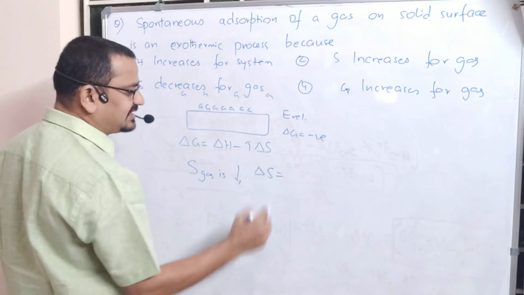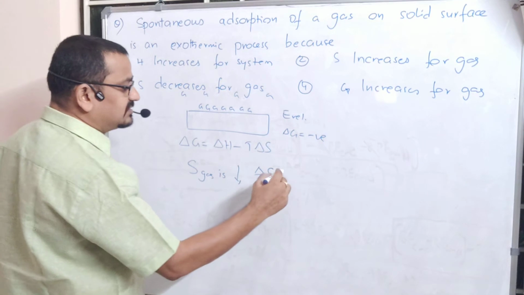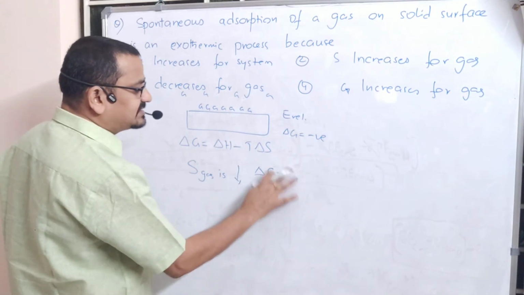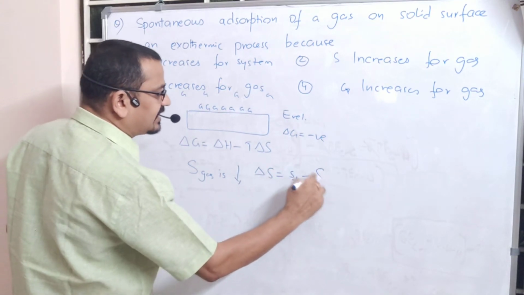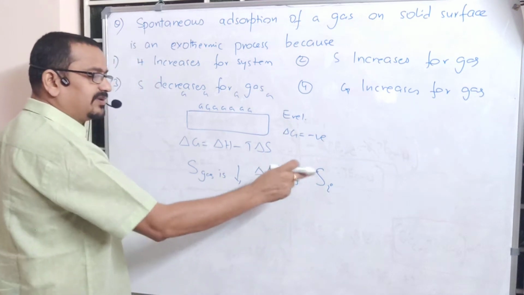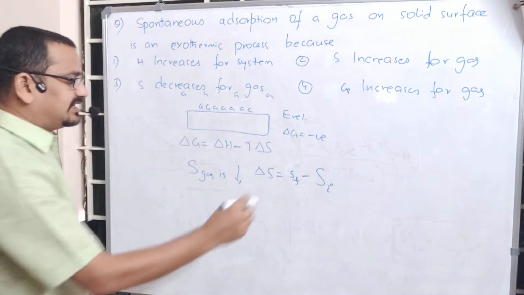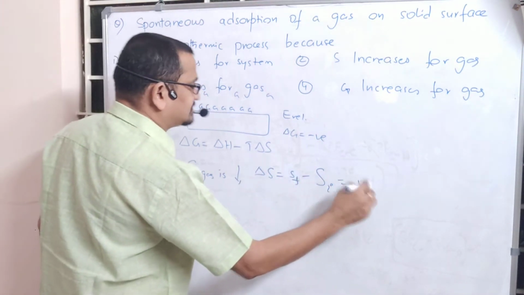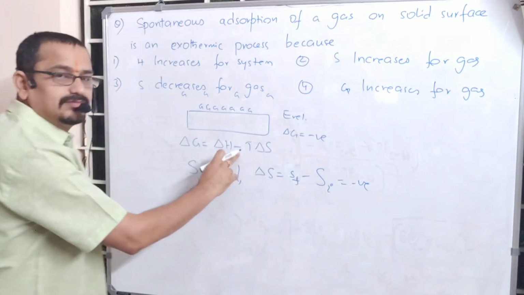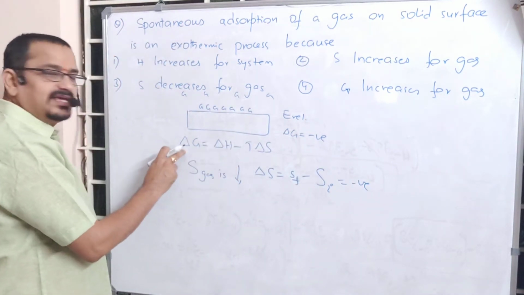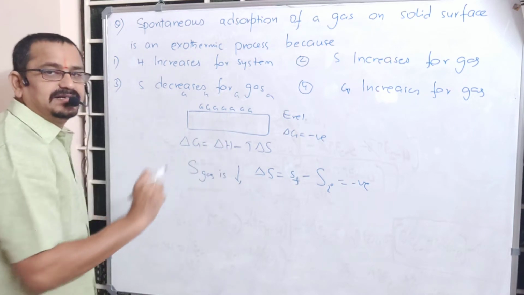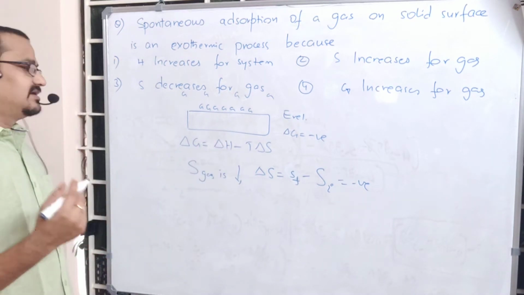So what is the sign of delta S? It is final entropy minus initial entropy, less entropy minus more entropy. So delta S is negative. Minus of minus becomes plus. So for this to be spontaneous, delta H should be negative, right?